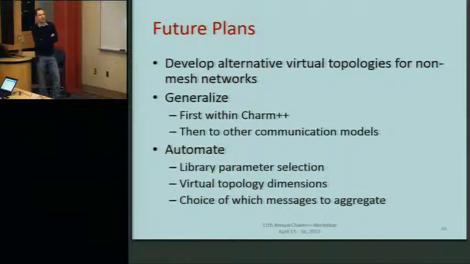It does take some coding effort. And so our approach will be to develop an autonomous system such that users don't really have to be aware of the tuning parameters and such. And they can just get the benefits of aggregation without being aware of a system running behind the scenes and combining messages for that.